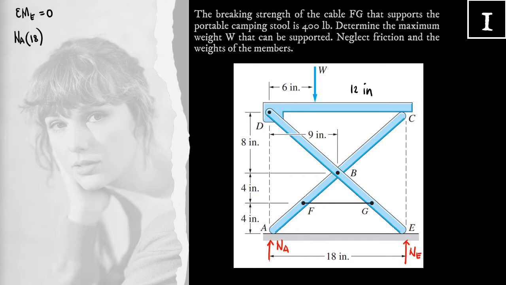Therefore, this is negative W times 12. And this is equal to 0. Expressing now NA in terms of W, NA is equal to 2/3 W. This will be our equation 1.